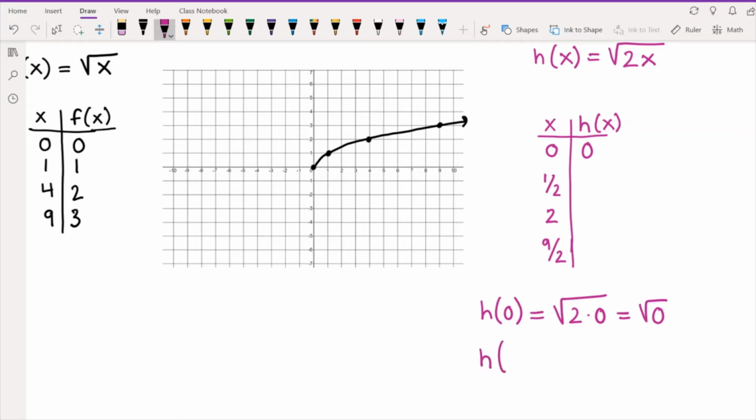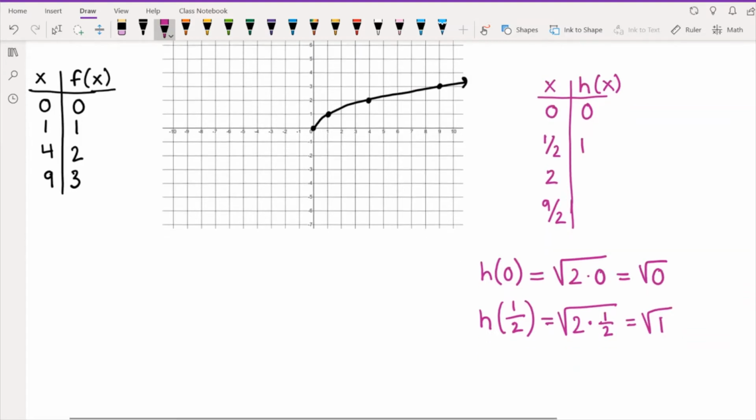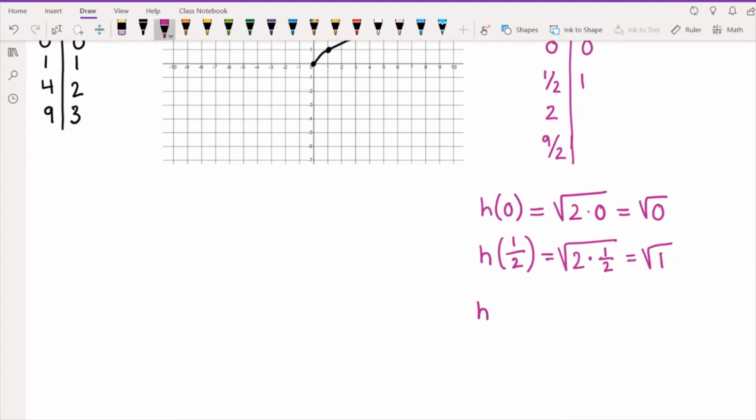What about h of 1/2? Well, then we'll be doing the square root of 2 times 1/2. And so what is 2 times 1/2? Well, it's 1, right? And so we have the square root of 1, which is 1. Next up, we have h of 2, which is going to be the square root of 2 times 2.